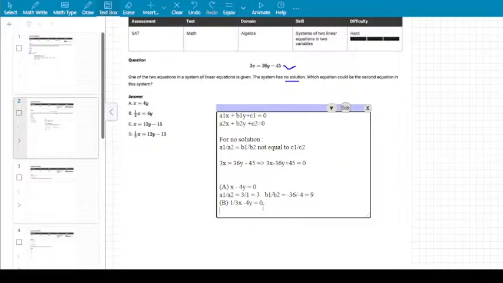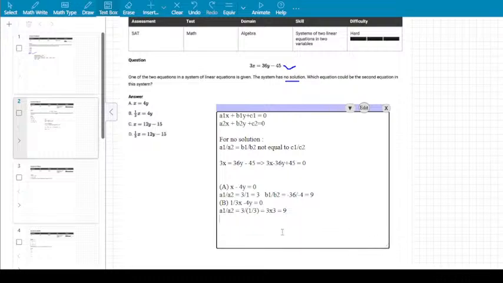Then a1 by a2 will be 3 divided by 1 by 3, which is 3 multiplied by 3, which is 9. And b1 by b2 will be, we have minus 36 for the original equation and minus 4 for this option, which is 9.